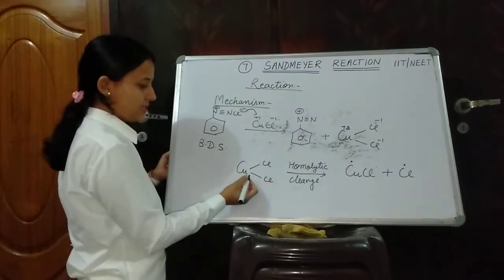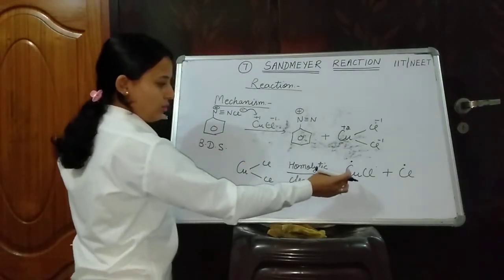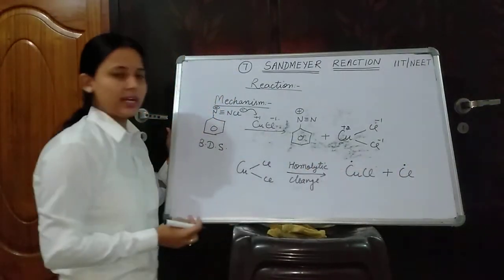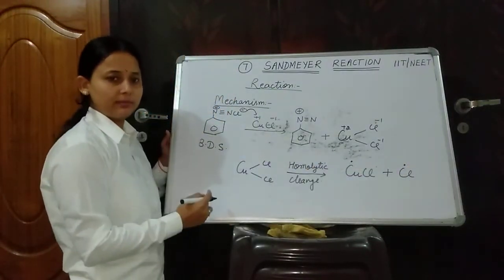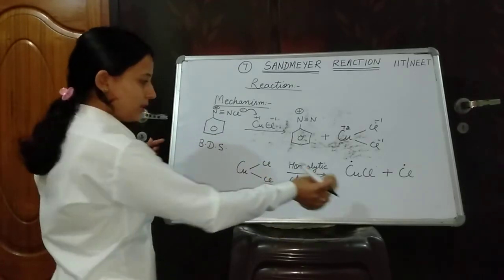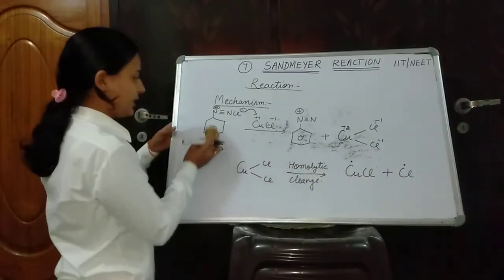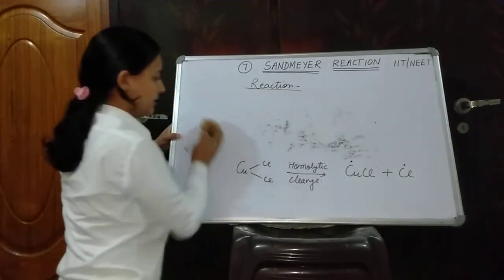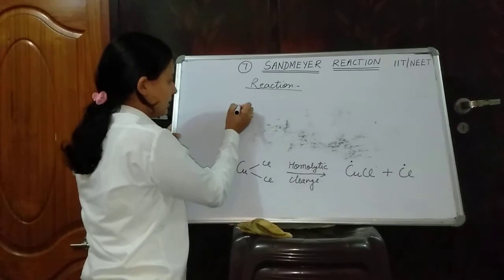By homolytic bond cleavage, CuCl free radical and chlorine free radical will be generated in the solution. Now this CuCl free radical will combine with the diazonium salt.